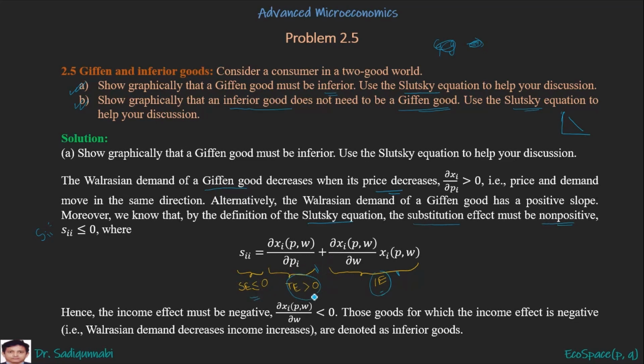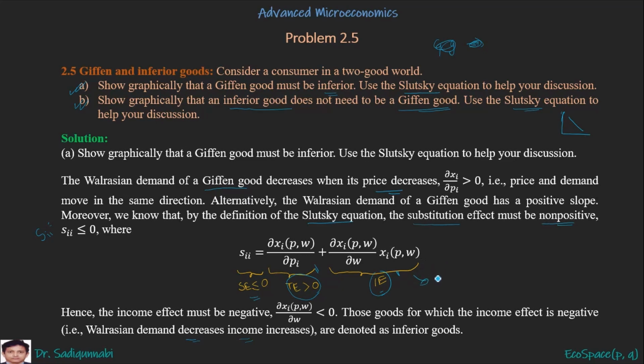Those goods for which the income effect is negative, that is Marshallian demand decreases as income increases. So if the income effect is negative, that means the good must be an inferior good.